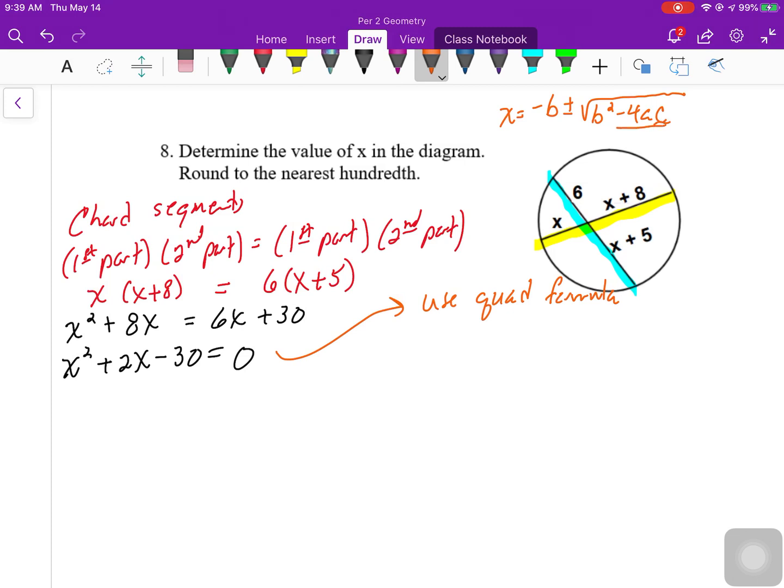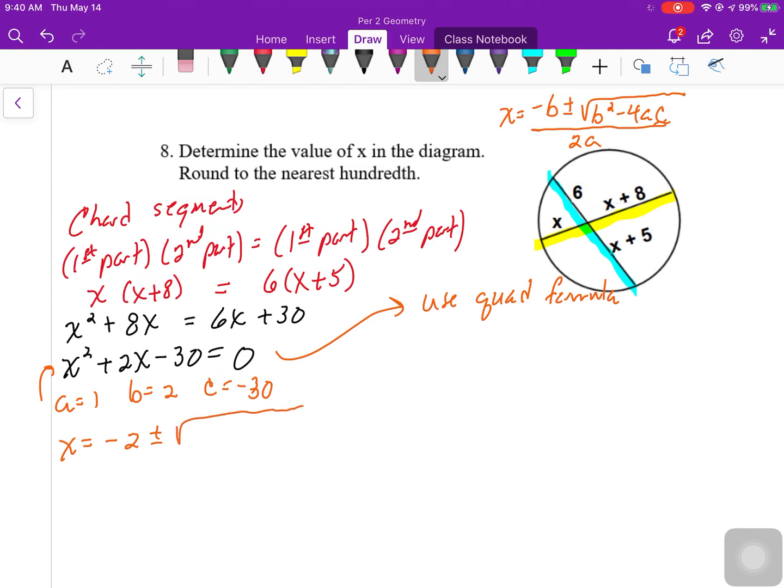Now that quadratic formula is x equals negative b plus or minus the square root of b squared minus 4ac, all of that divided by 2 times the a. In our problem, the a is 1, the b is 2, and the c is negative 30.